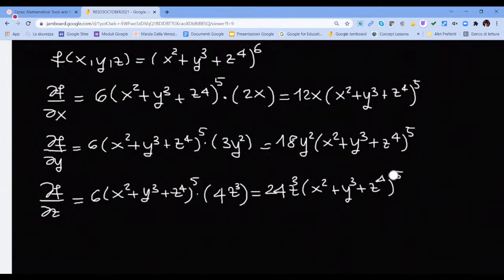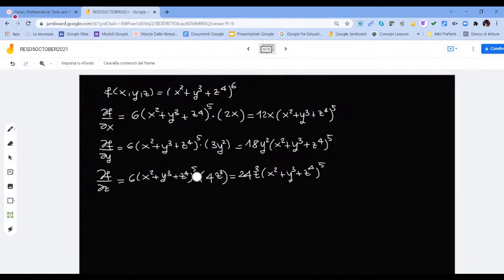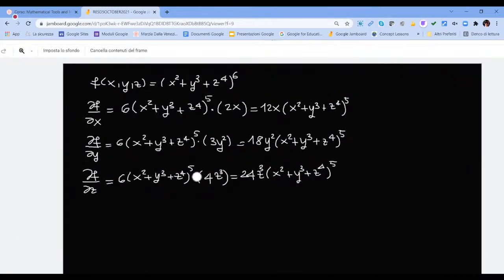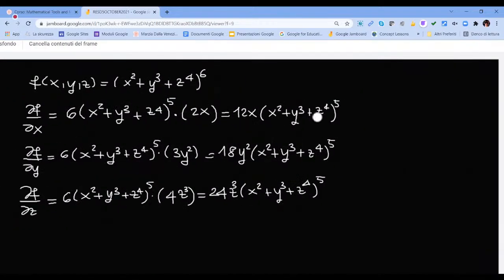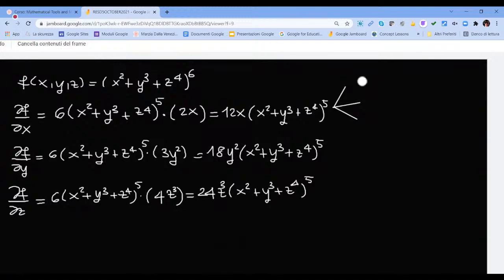What are the second partial derivatives? We should derive with respect to every variable all three partial derivatives. That is, we have 9 partial derivatives. We have d of f squared.